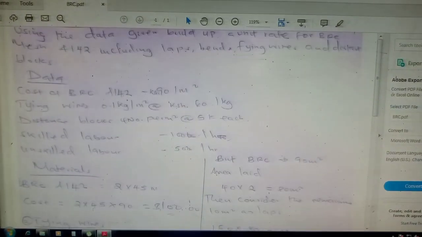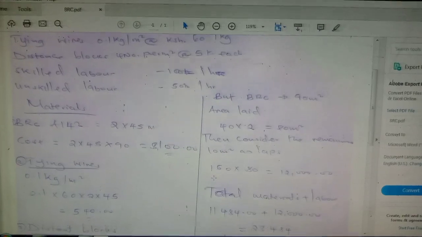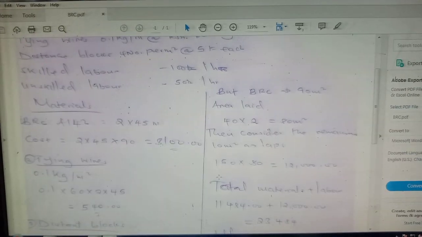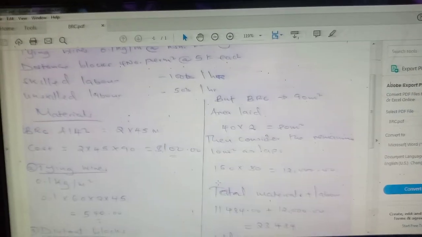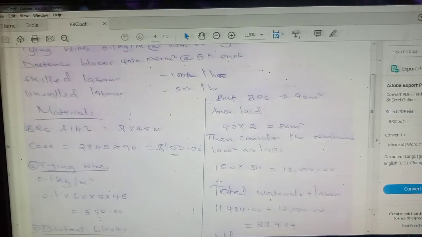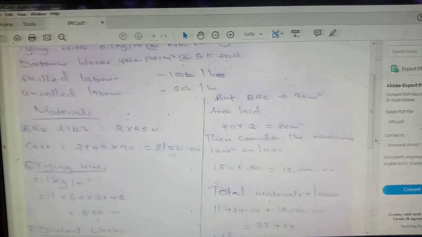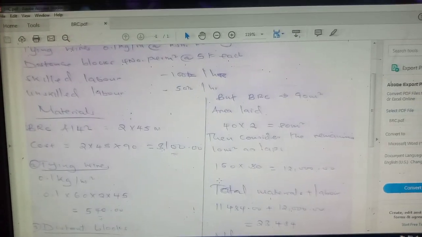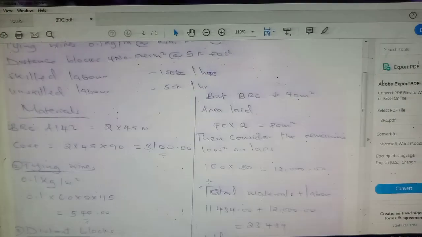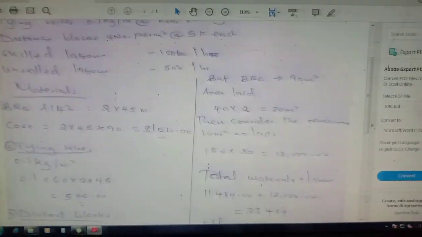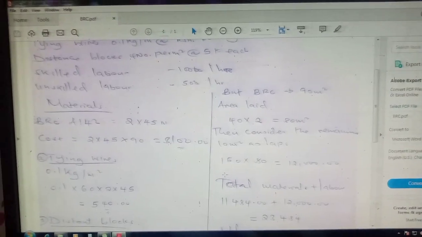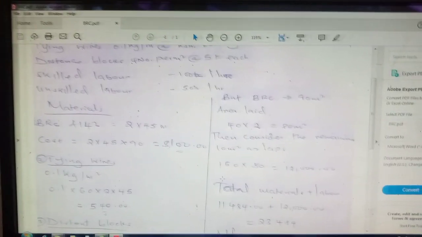So when you want to work on that 90 square meters, you will take that 40, you multiply it by 2, that is 2 hours, it will be 80 square meters. Because 80 is closer to 90, you try 120, which is 40 multiplied by 3 working hours. 120 is above 90, and if you use 120, you will cost for something that you will not work on, so that will be a waste.